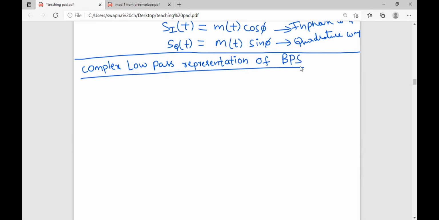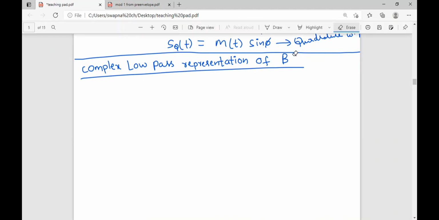Again, as I'm telling you, lots of equations are there. I hope I'm clarifying all the equations also. So, complex low pass representation of band pass systems, not signals, it is band pass systems.